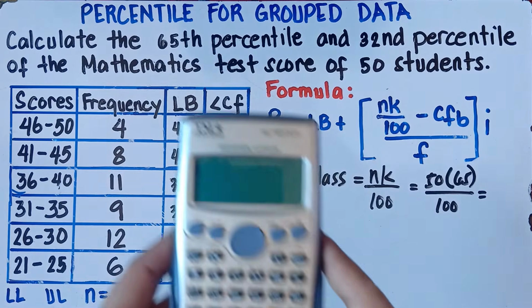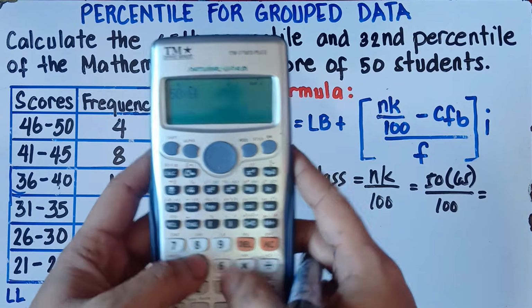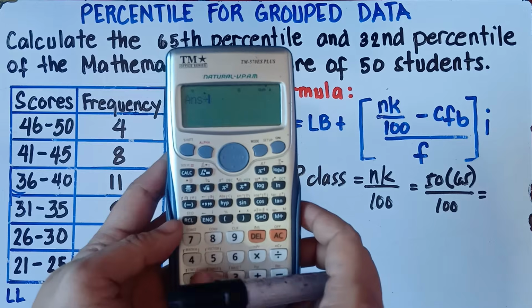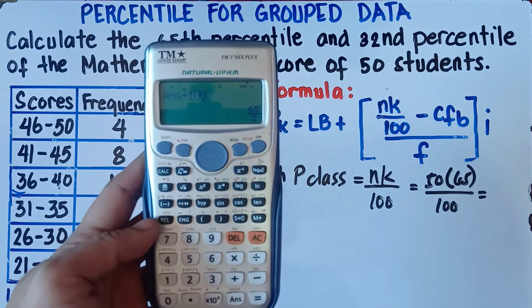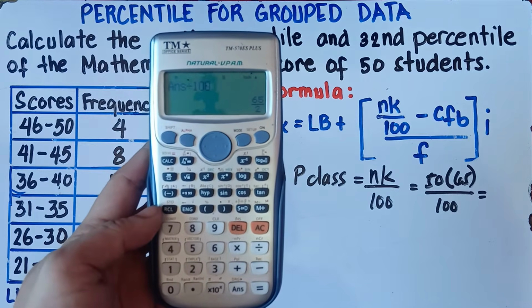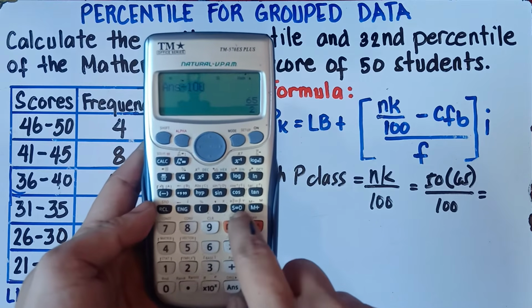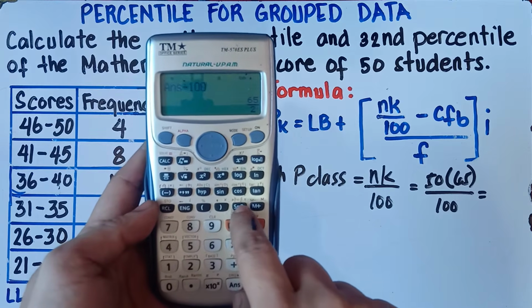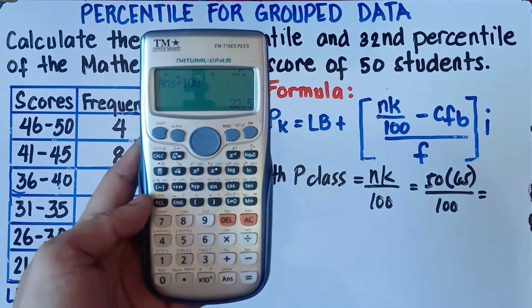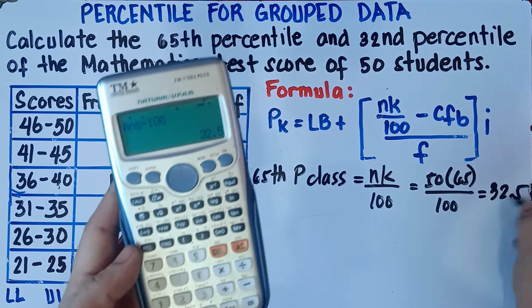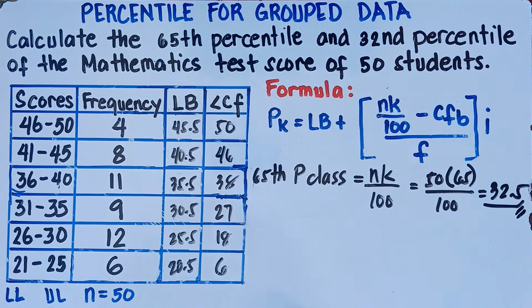Use your calculator. 50 times 65, that would be 3,250, divided by 100. In our calculator, we have 65 over 2. If you have a calculator like this, just press this one, SD. It means standard and decimal. So you will have 32.5. So 50 times 65 divided by 100 is 32.5.